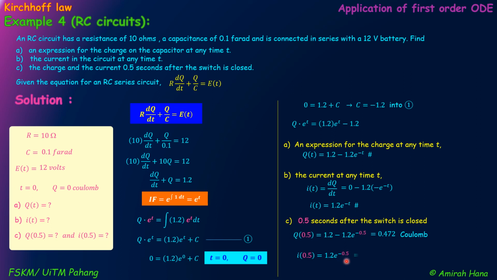Using a calculator, it equals 0.7278. This is the current 0.5 seconds after the switch is closed, and the unit for current is ampere. So this is the complete solution for this question. Got it?